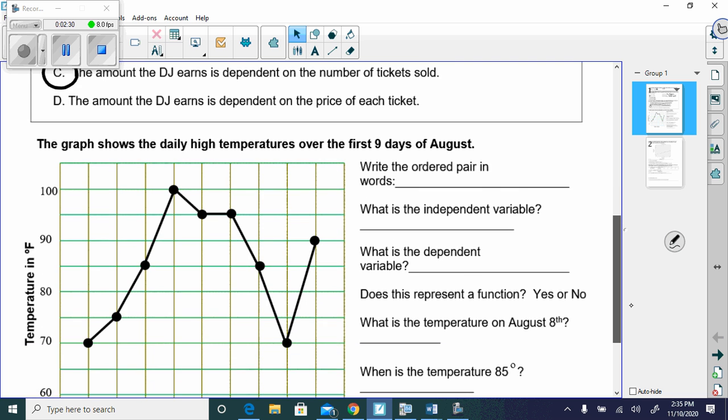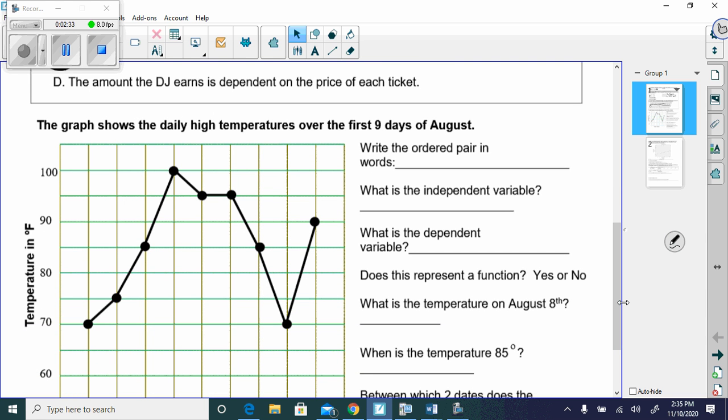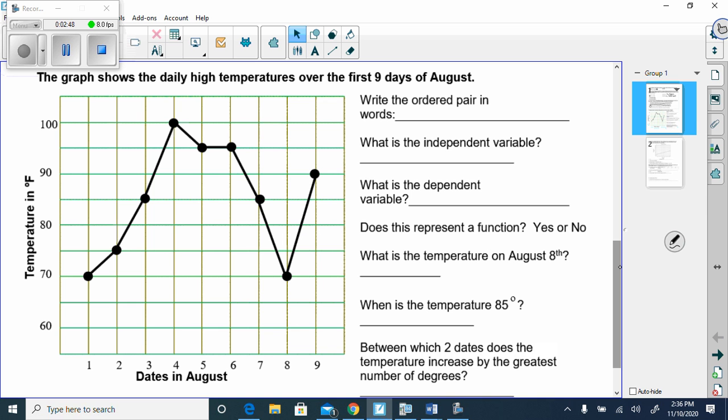Okay. So similar to what we were doing yesterday, I'm giving you pictures of a graph and we're going to analyze the information given. So it says that this graph here shows the daily high temperatures over the first 9 days of August. So the day in August here, temperature over here. Okay. So first it says to write the ordered pair in words.